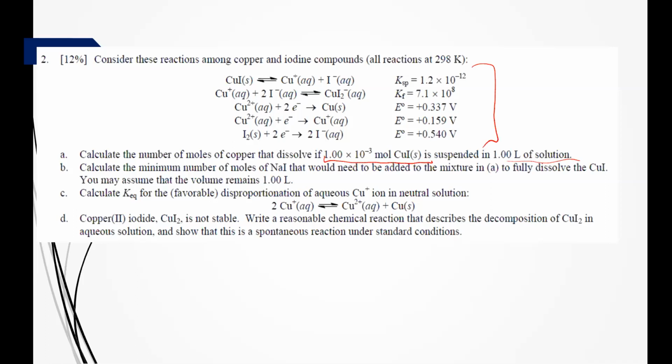So we're going to take that KSP, and in this case, we can write our expression for that. We know that our KSP, 1.2 times 10 to the minus 12, should be equal to our concentration of our Cu plus and our I minus. Now, both of those are going to be equal to each other, so it really just becomes x squared on this side.